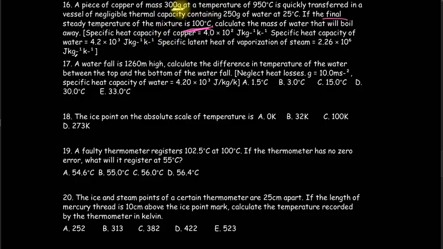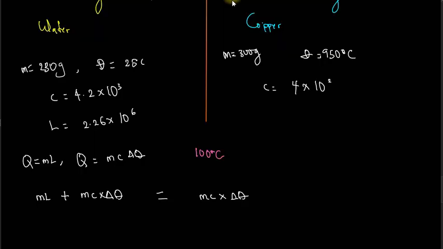So we cannot use gram when there is kg in our specific heat. So for 250 gram, convert to kg, you divide by 1000. So 0.25. I can actually factor out m from this.